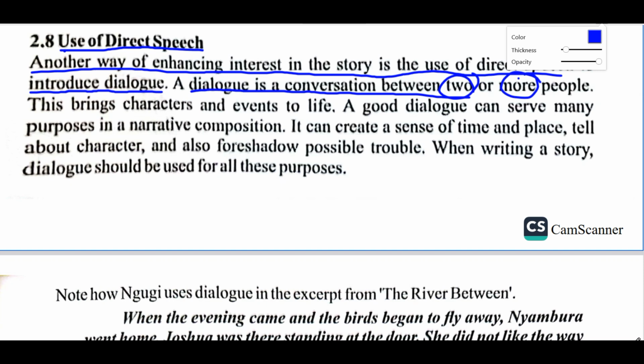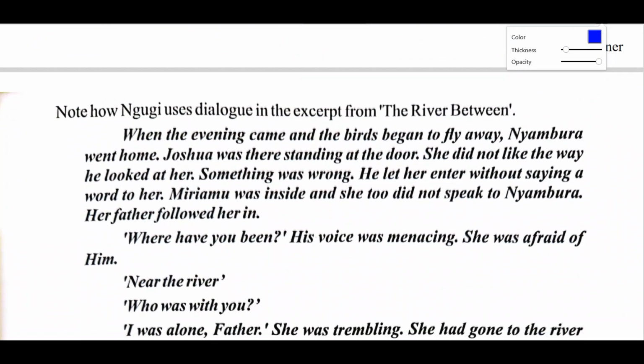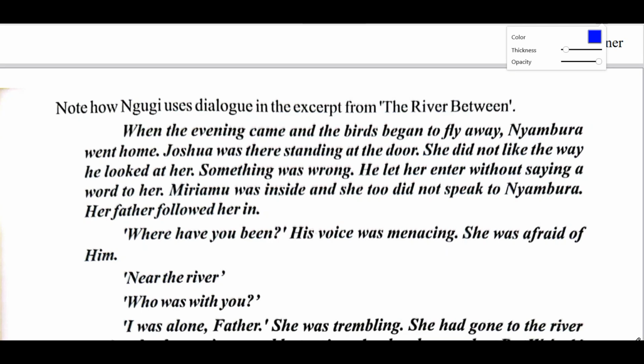A good dialogue can serve a main purpose in a narrative composition. It can create a sense of time and place, tell about character, and also foreshadow possible trouble. So let's look at an example where we can use direct speech.